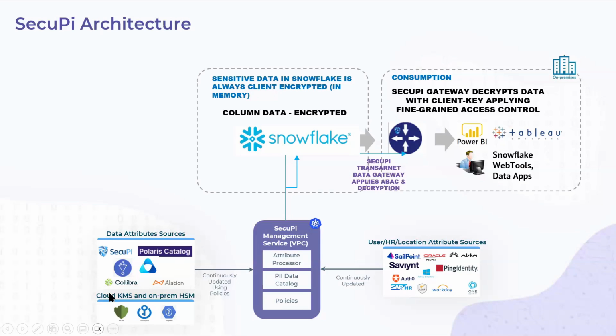We also did integrations to data attribute sources, that can be the Polaris catalog, or the Snowflake catalog, a Purview catalog, the Collibra data catalog. So it can be different data sources, and we can also scan databases on our own and tell you what type of data we see there. Is there PII there? Is there credit card information there? What type of PII and credit card information is it?